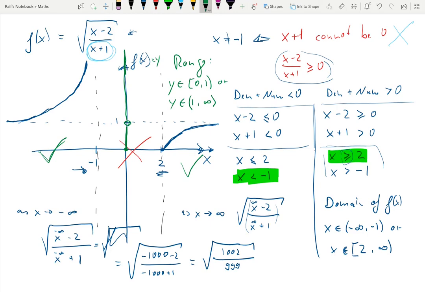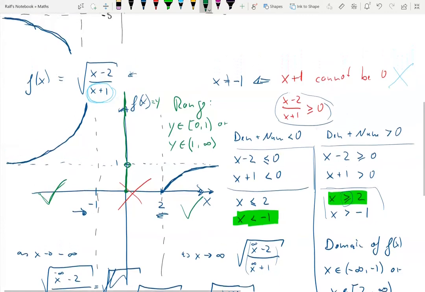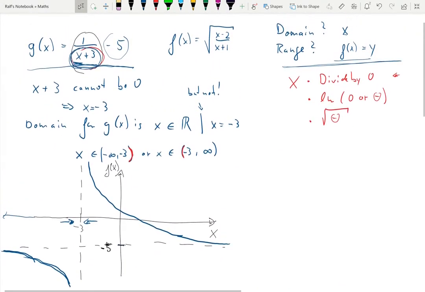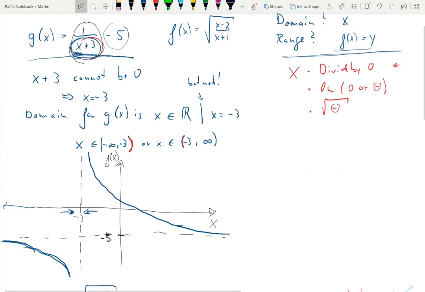And let's perhaps go back to g of x. We didn't explicitly write down the range of this function. So what is the range here? Range of g of x. So again, let's look at our vertical axis. We're going off to infinity here, and going all the way down to -5. -5 is not included, however, we're going all the way down to -infinity.